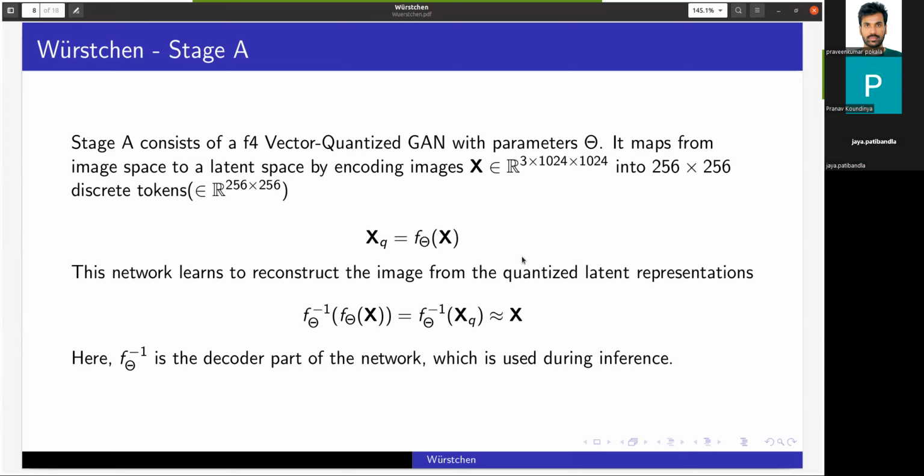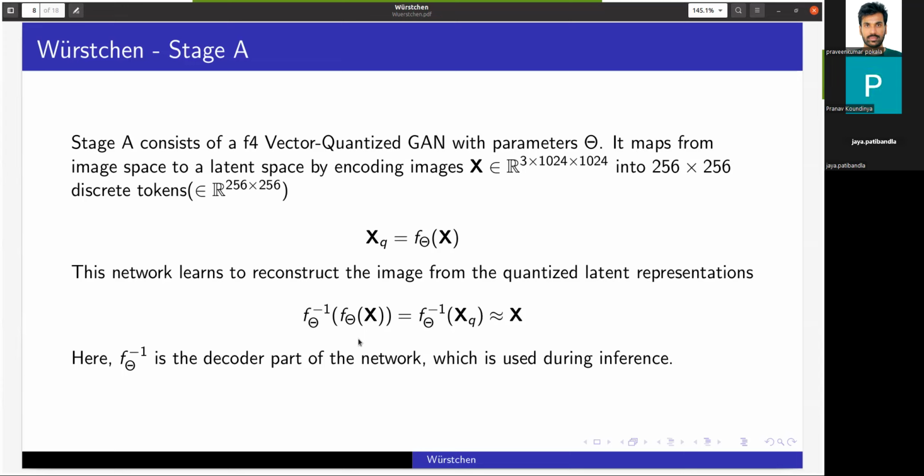So the network must learn to reconstruct the image from these quantized latent representations. For example, the quantized latent representation is denoted by xq, which is given by the encoder part of the VQGAN, that is f theta of x, and then the decoder part of the VQGAN finally projects it back to the image space, that is f inverse of theta.